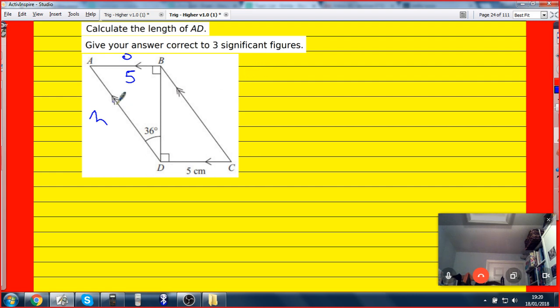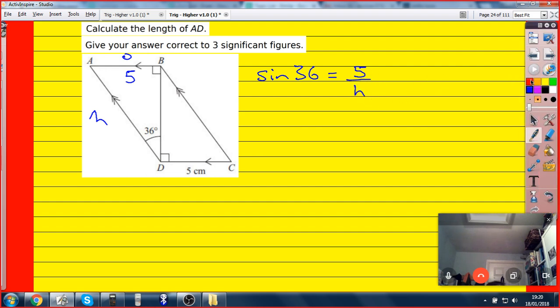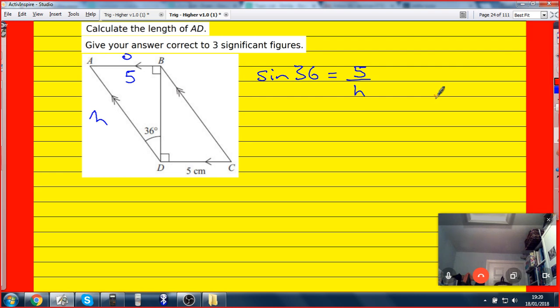No, because we know the O and we want to know the H. We're trying to find out the H. So you would put sine 36 equals 5 over H. So then do you have to times the 5? Or do you have to times the H?